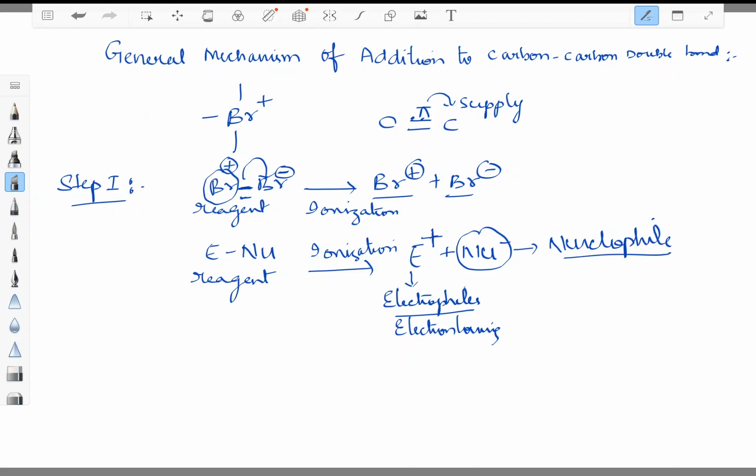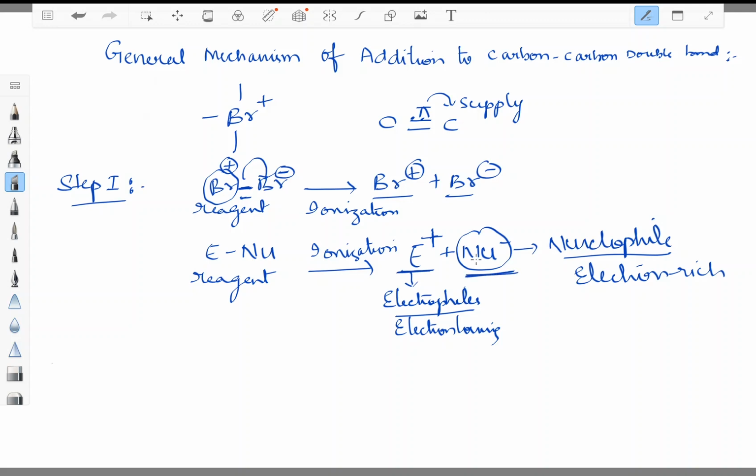Nucleophiles are those species which are electron rich, which is why they have a negative charge. Please remember these two things here. In the first step, instead of using the reagent Br2, I am using E-Nu as the reagent. It undergoes ionization to generate a positive ion, the electrophile, and a negative ion, the nucleophile.